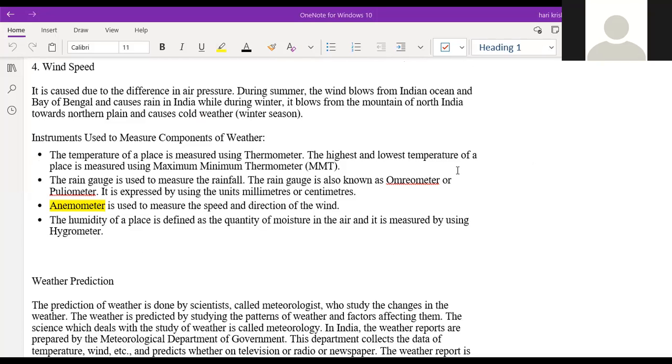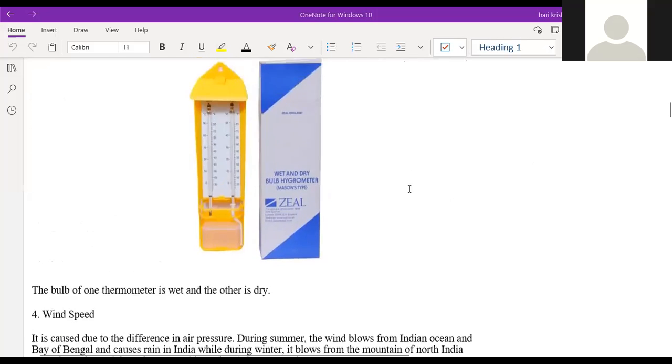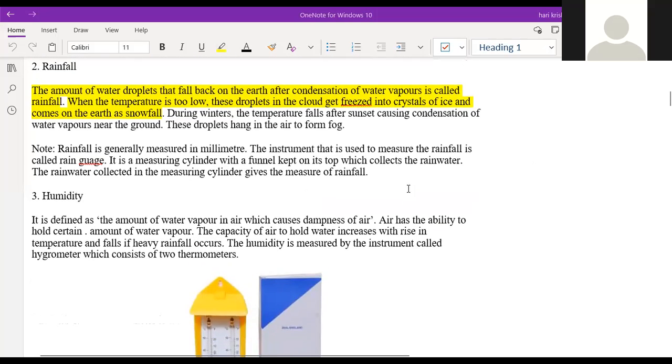What you understand from that is important. You just read it for one second and tell me what you understand from that. The amount of water droplets that fall back on the earth after condensation of water vapor is called rainfall.